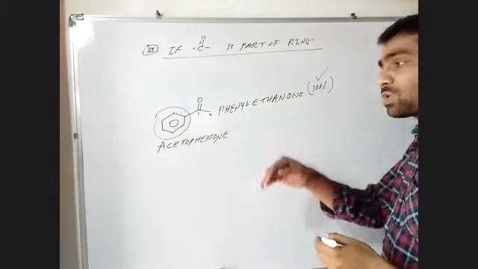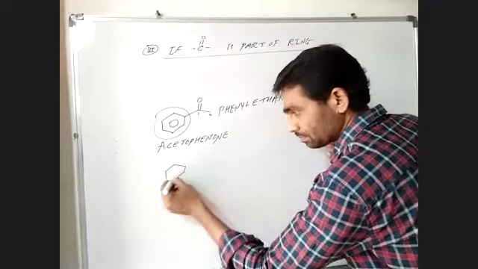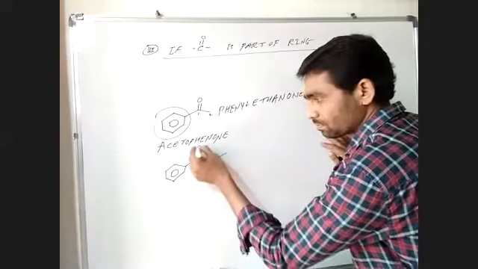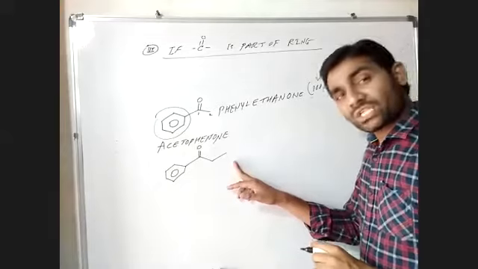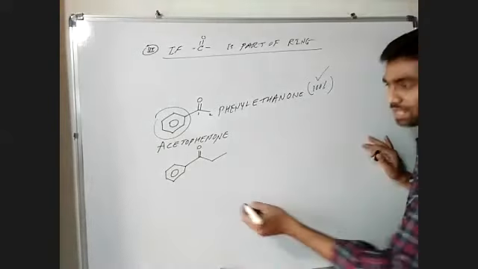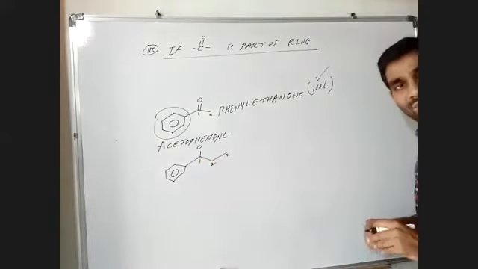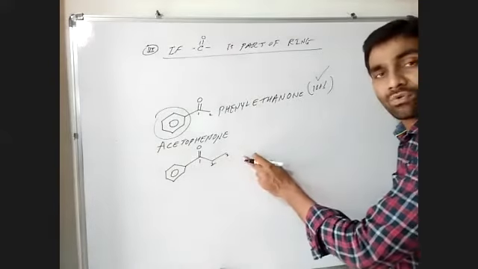When numbering is required, we will see with an example now. Here there is a necessity of numbering. The reason is, if I give numbers like this, 1, 2, 3, we can say propanone. It is a very important topic.